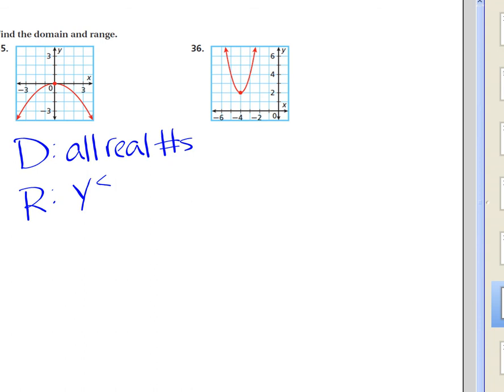Well, it has to be less than or equal to 0. 0 and down. Does this relate to the last thing we did with minimum and maximum? Yes. Because we say our maximum is 0, which means the values have to be something less than or equal to 0.